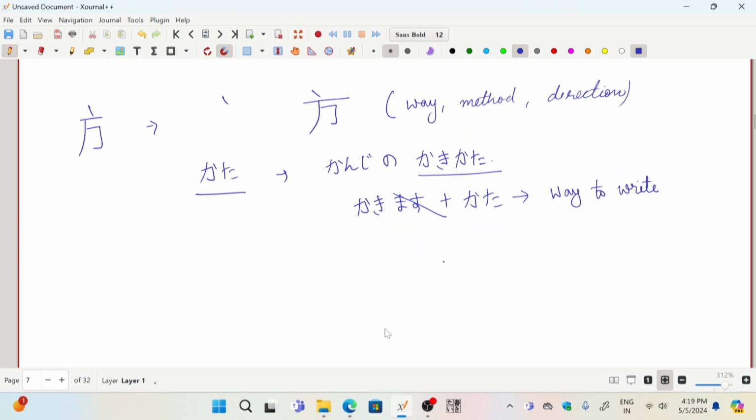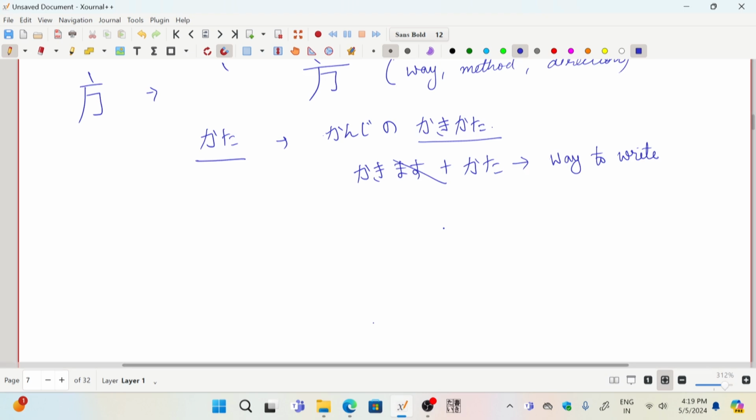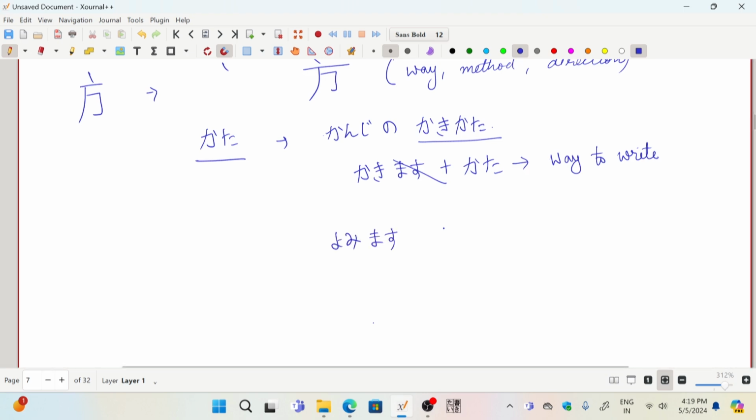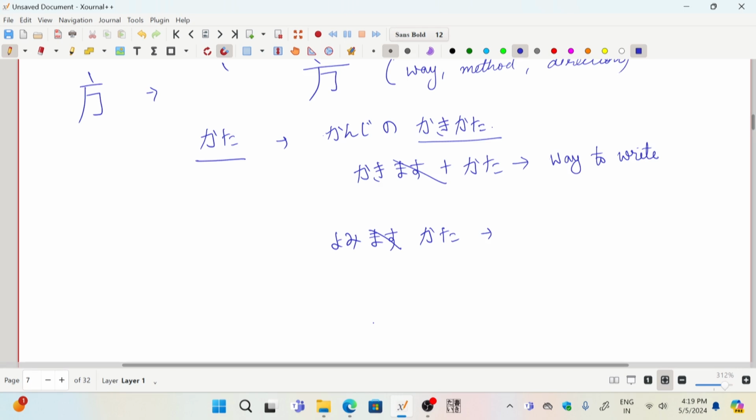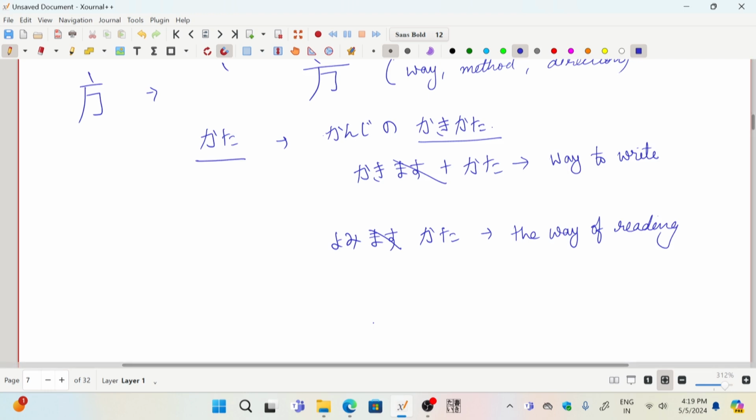Next is yomikata. Yomimasu, cut mas and add kata. It will be pronunciation or the way of reading. Another reading of this kanji is ho.